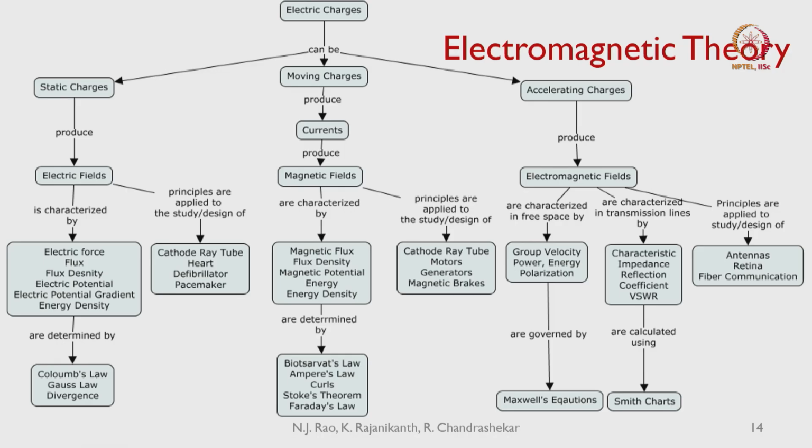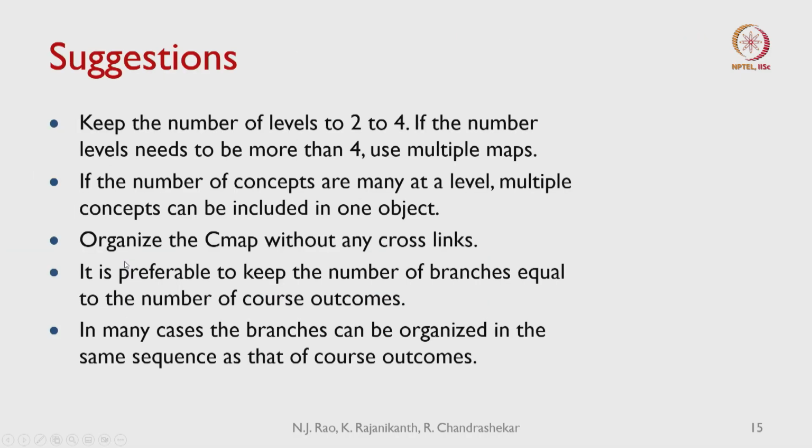What we found in all the maybe 200 odd exercises that we have done, if you are careful, very rarely will you require to draw a cross link. You invariably do not have to draw cross links if you think of your concept map properly. Okay. It should be clean like this.